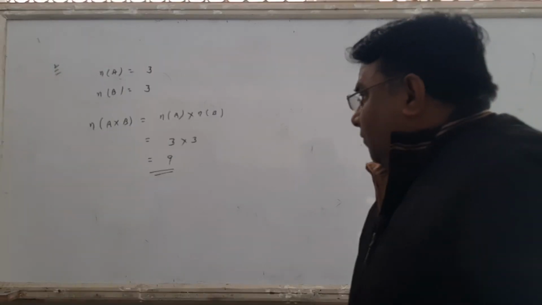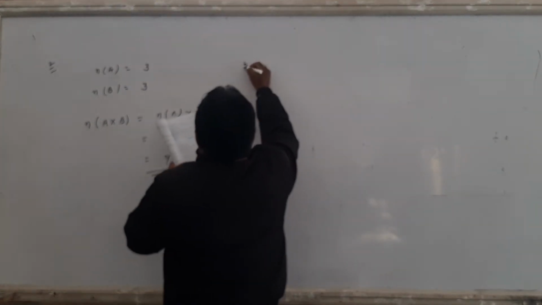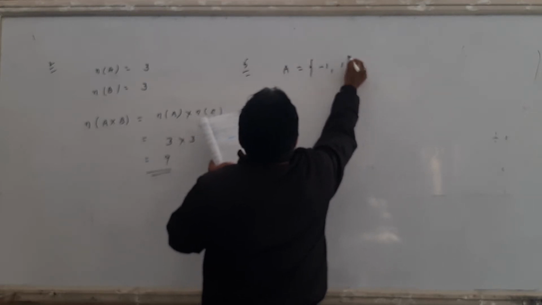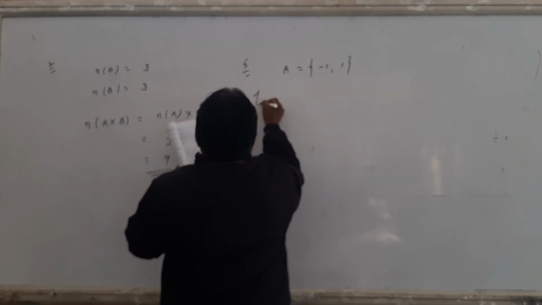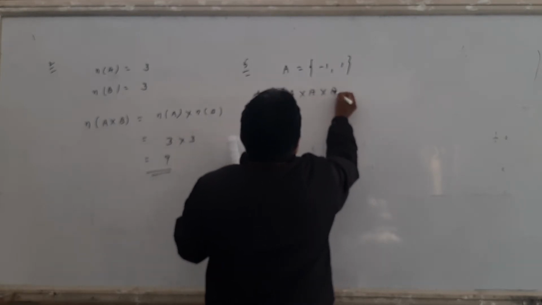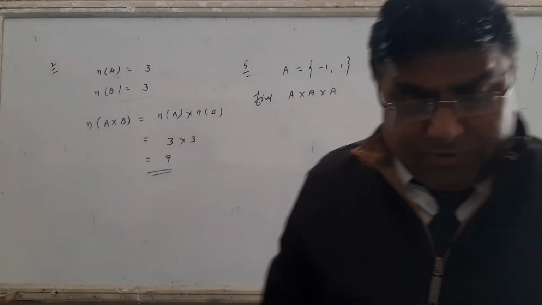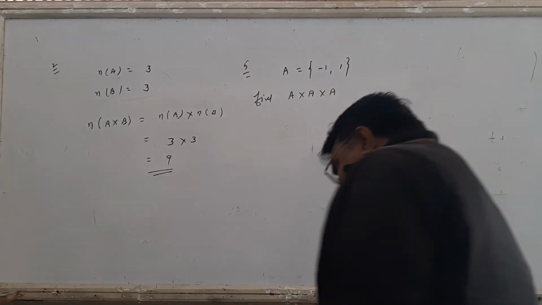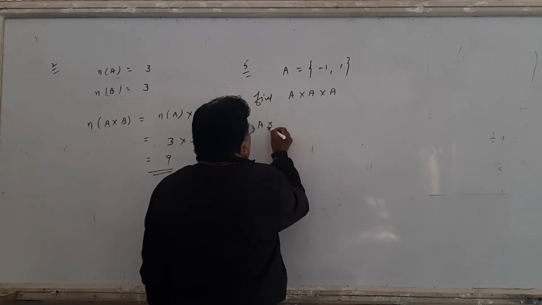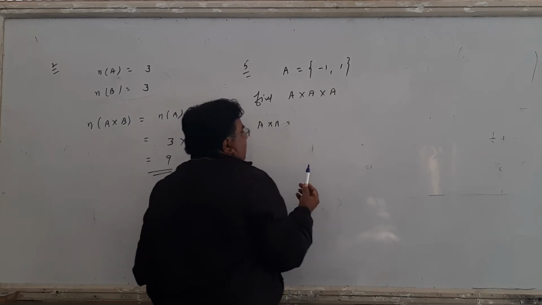Same, question number 5. Set A is given as -1, 1, and find the value of A cross A. Now kids, find A cross A. First thing, the number of A elements is 2, that means A cross A has 4 elements.